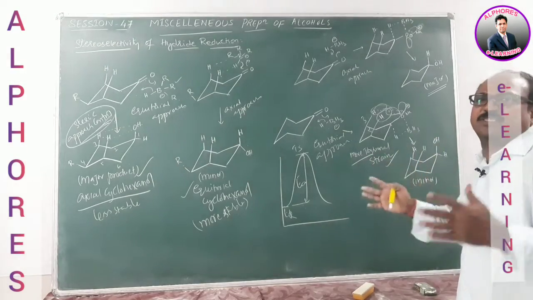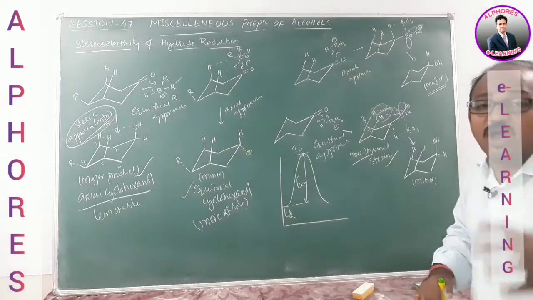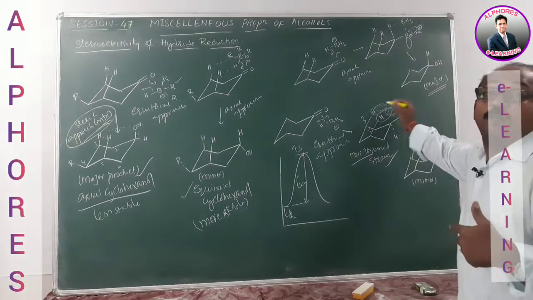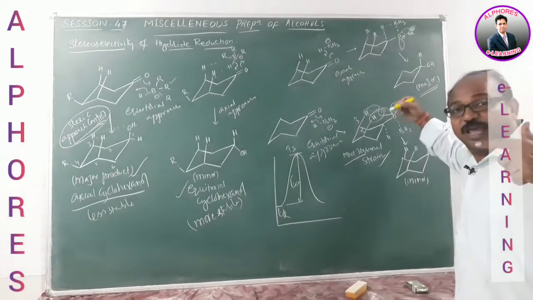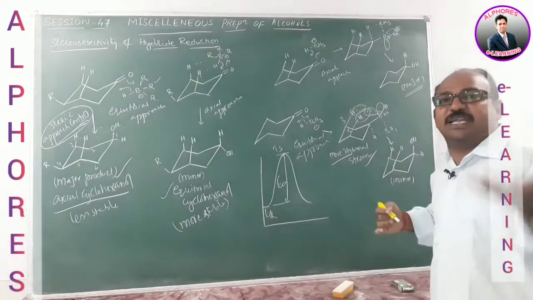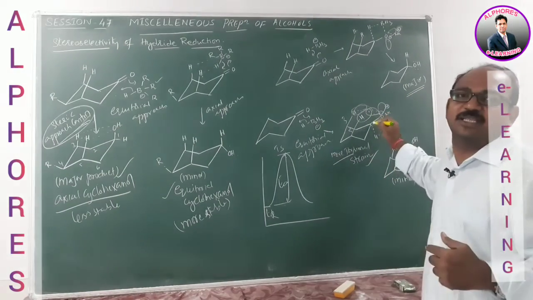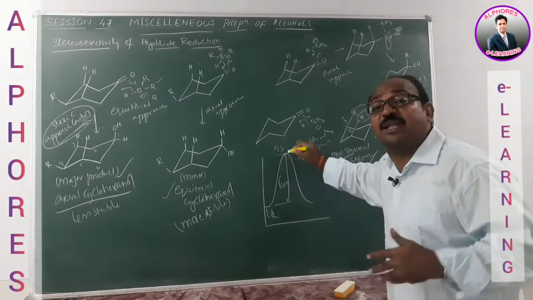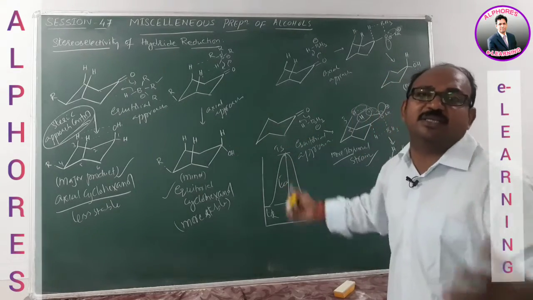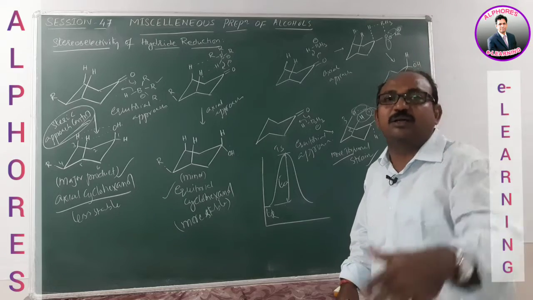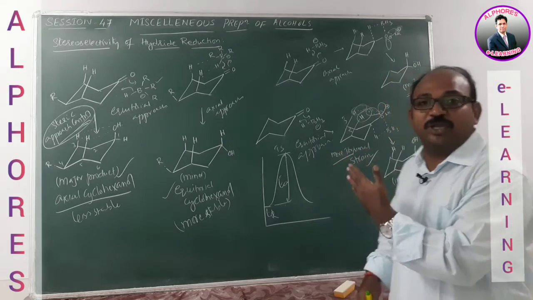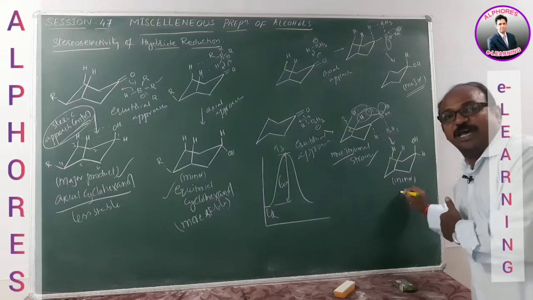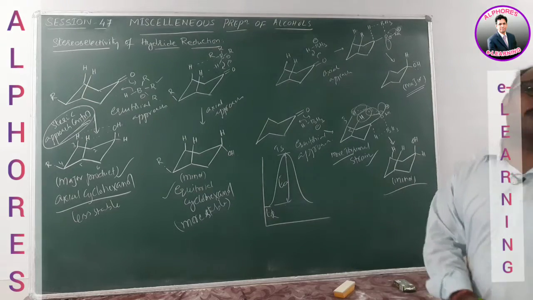Because it faces more torsional strain, obviously its energy increases. Whose energy? Transition state energy. When transition state energy increases, that means activation energy increases. When activation energy increases, reaction rate decreases. That means the product we are getting here is the minor product.